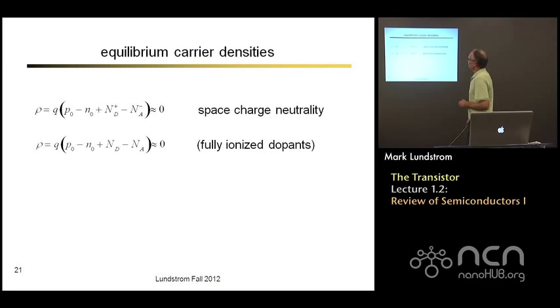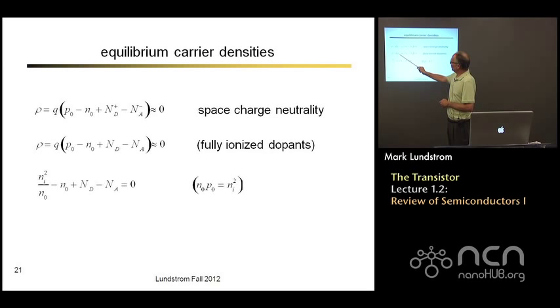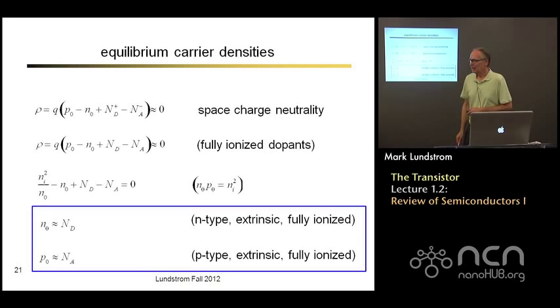Okay. So if I try to solve that expression, if I assume that all of the dopants are ionized, then I can assume this is just the density of phosphorus atoms and the density of boron atoms. And now I know that the product of N and P is Ni squared, so I could eliminate P, and I'll get a quadratic equation for N. And you could do the algebra, and what you'll find is that near room temperature, the number of electrons in the conduction band is very nearly the number of phosphorus atoms that you put into the silicon crystal.